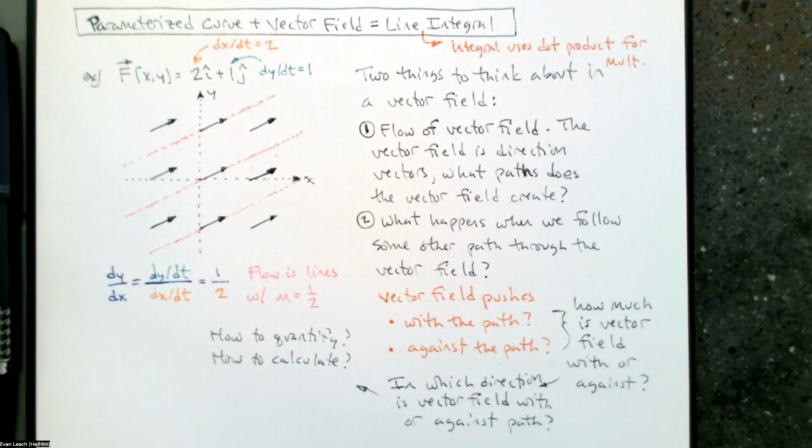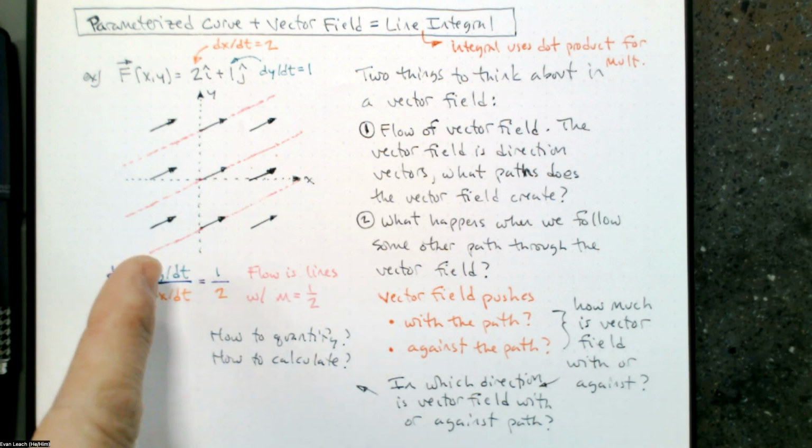Remember that integration is multiplication in which one of the factors is continuously variable. Dot product is a kind of multiplication for vectors. It tells us how much of one vector is going in the direction of the other vector. That's a gross oversimplification. It gives us a component of one vector in the direction of another vector.